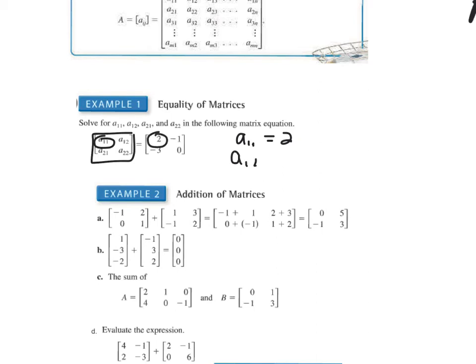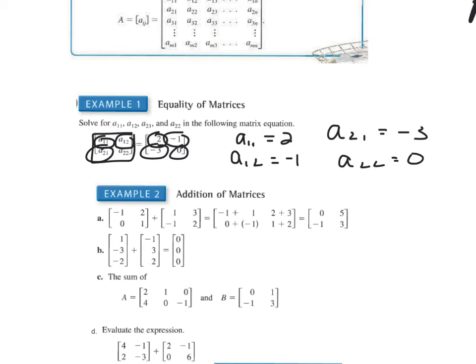So A12 would be -1. You can just look at the positions if that helps. A21 is going to be -3, and then A22 is going to be 0. So that's called the equality matrix because you're just solving for that.